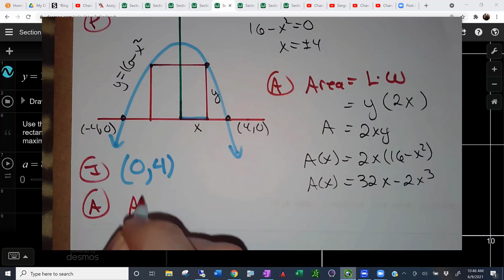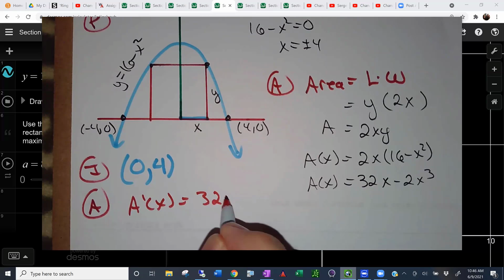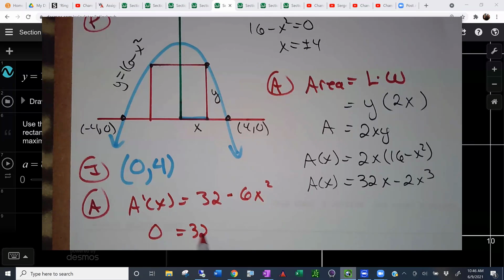A prime of x is going to be 32 minus 6x squared. I'm going to set that equal to 0. So the derivative of this is 32 minus 6x squared. Set that equal to 0.